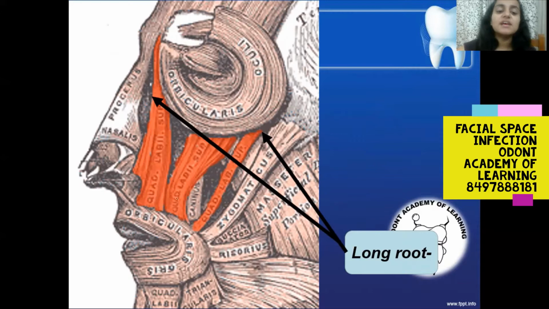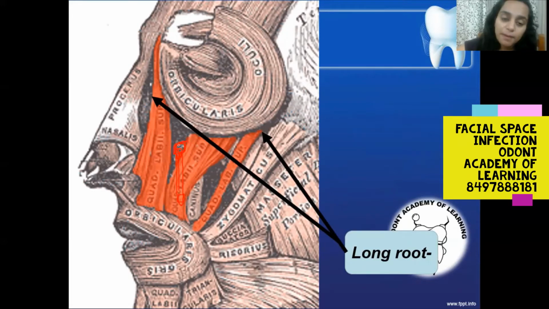What happens is, if the root of the canine is long enough to penetrate the levator labii superioris muscle, if it is long and crossing or at least encroaching that particular muscle, the infection from the periapical region can now flow into two courses.